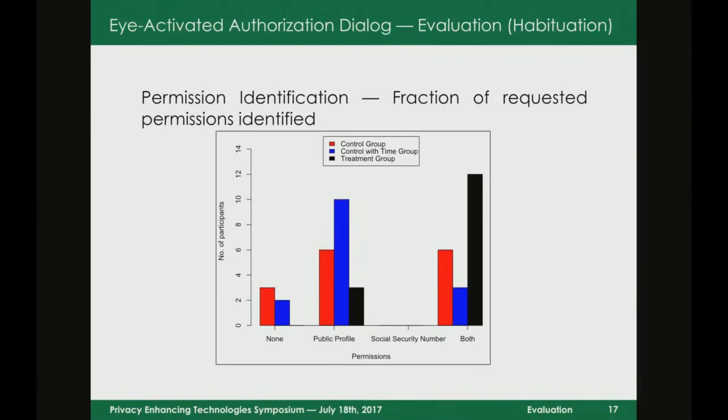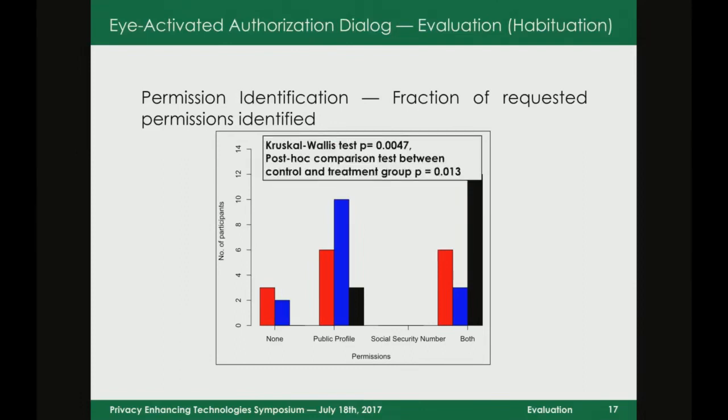So again, we looked at the fraction of permissions that were identified by participants in each group, and we were mostly interested in seeing the difference between the control and the treatments group, and also whether our eye-activated dialogue group is doing better than the time-constrained group.